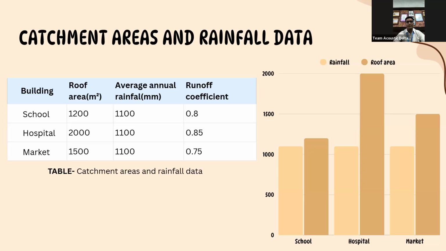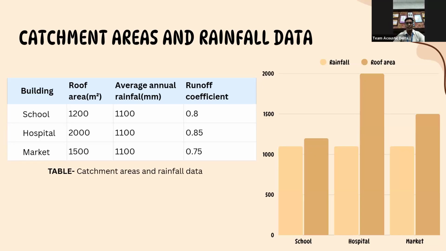The reason behind choosing these three places is because they have a rooftop, require sanitation, and are public areas where a good system of rainwater harvesting is required to promote sanitation and a sustainable area. Here we have three considerations: the roof area, average annual rainfall, and runoff coefficient.